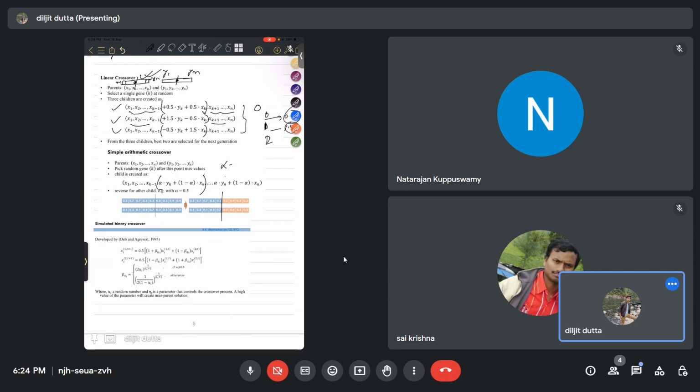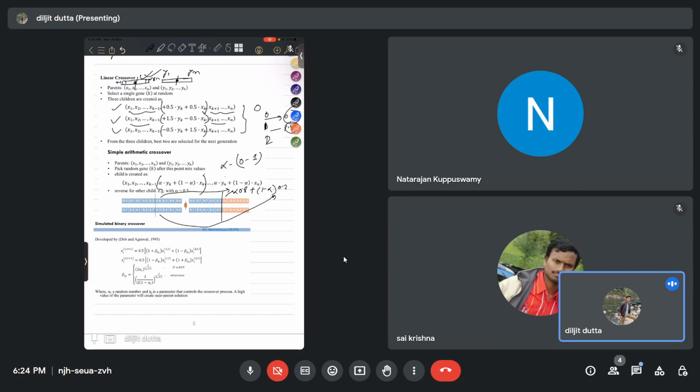Alpha will be something from 0 to 1. We'll select alpha in this range randomly based on our requirement, and then from this bit onwards we'll be multiplying by this, like alpha into 0.8 plus 1 minus alpha into 0.2. So this 0.8 and 0.2 are coming from here and here, and then we'll get this one.